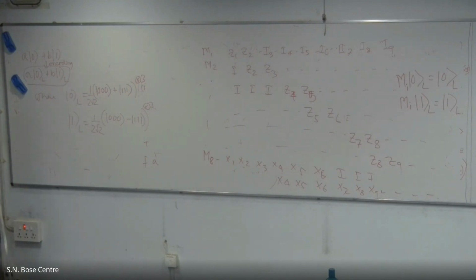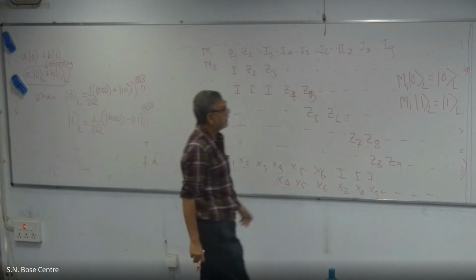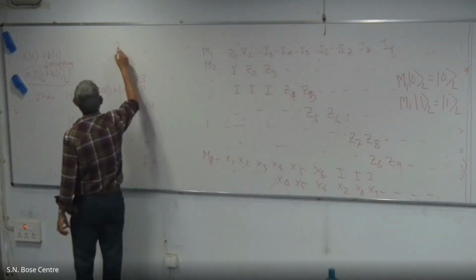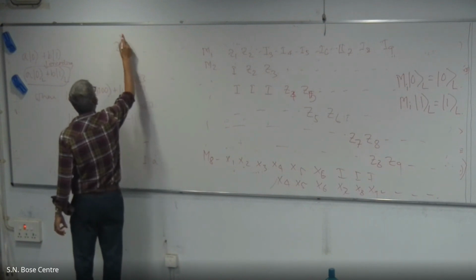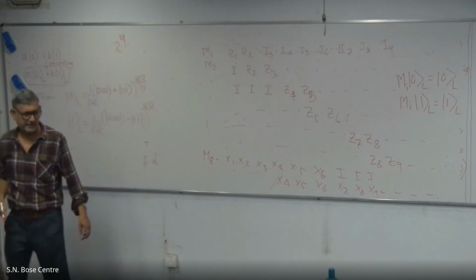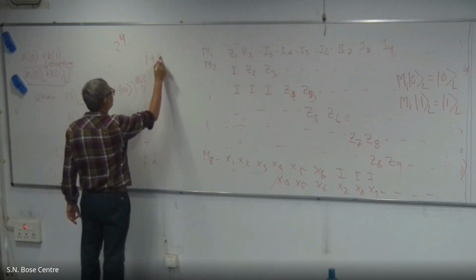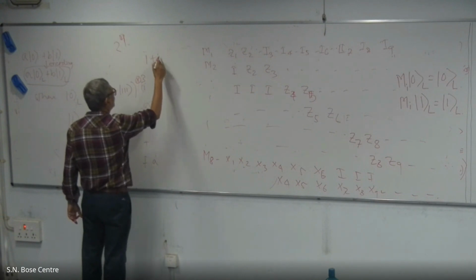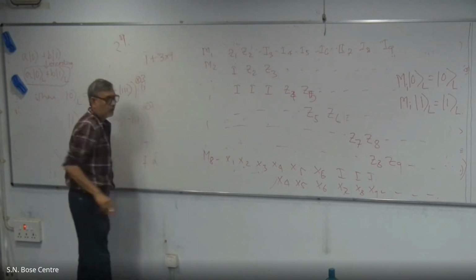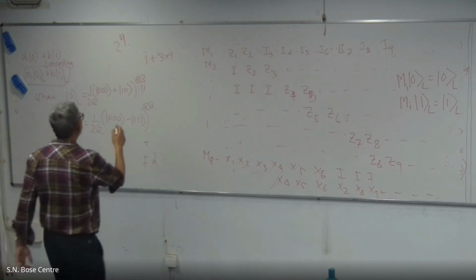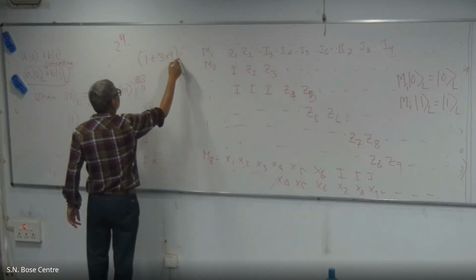But still, you see how many dimensions are there for these 9 qubits? 9. On 9 qubits, for each qubit how many possible errors are there? 3. 3 into 9, and I want to protect 2 dimensions.